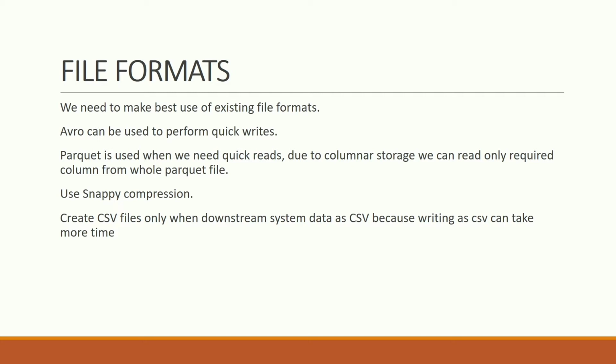And we need to use the Snappy compression technique, so our data is going to be compressed, and it's going to reduce your file size when compared to the actual data available.